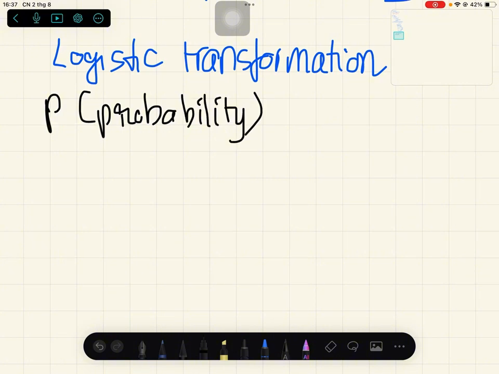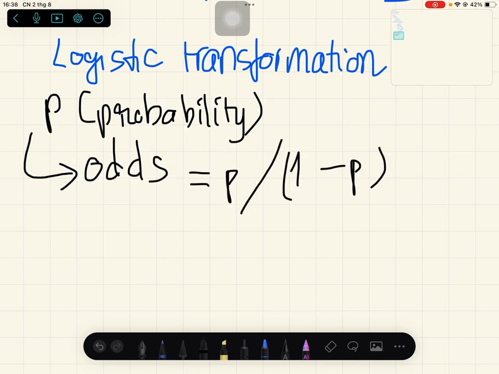This could be the probability that a company defaults or the probability that a loan is approved. Next, we convert probability into odds. The formula is odds equal p divided by 1 minus p. Think of odds as comparing two possibilities, the chance that an event happens versus the chance it does not happen.